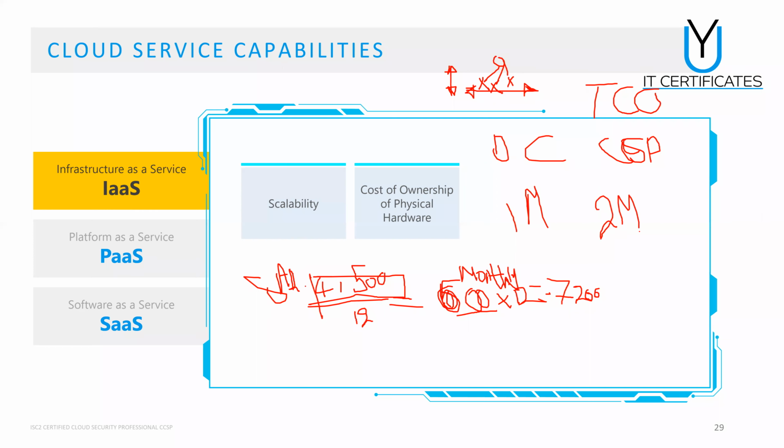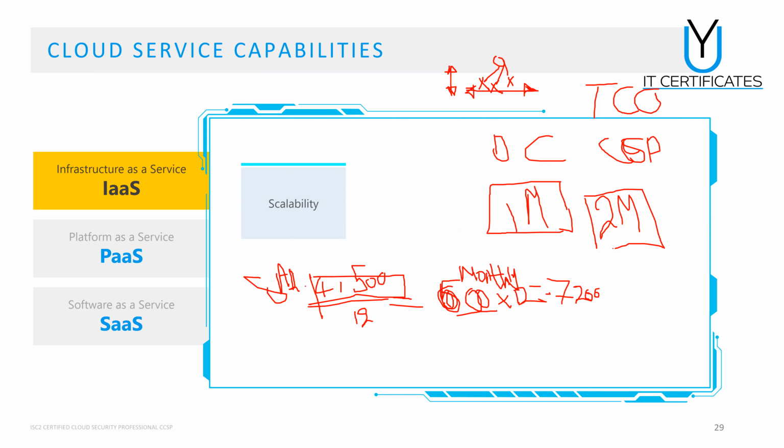But instead of paying this 1 million in cash, we pay this 2 million distributed over the year, or maybe over 3 years.